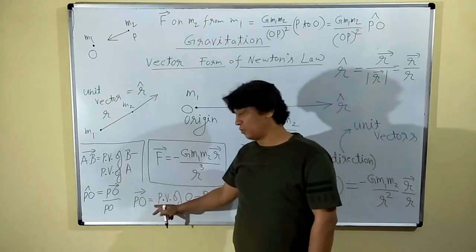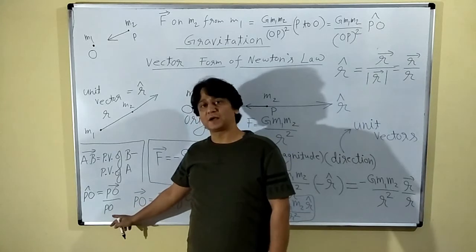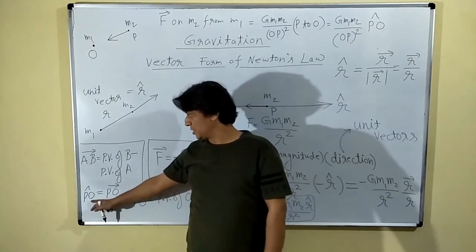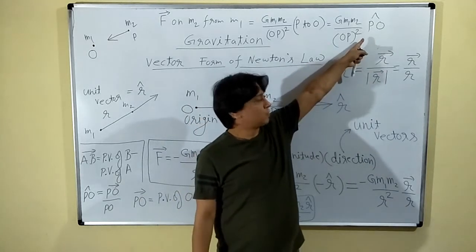Once you have found the PO vector, divided by its own magnitude it will give you PO cap. This PO cap you can use right here.